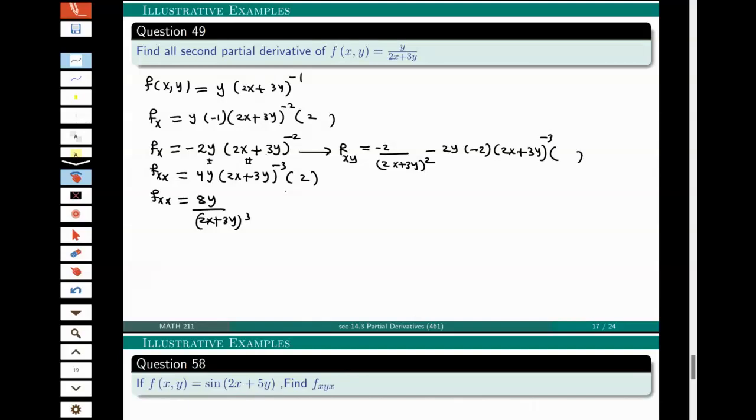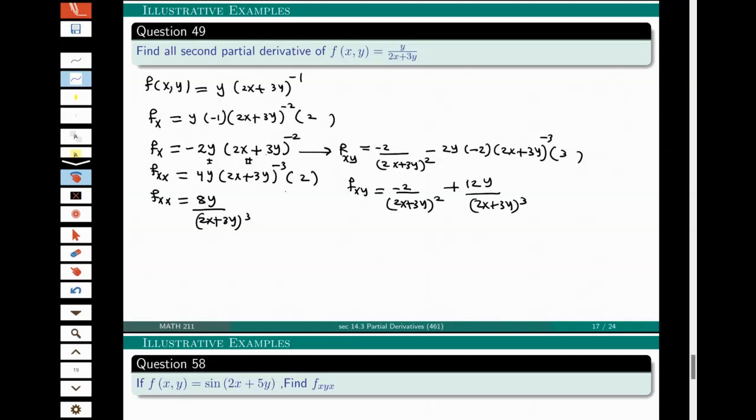The derivative of the inside with respect to y will be 3. So you will get f sub xy is equal to minus 2 over 2x plus 3y to the power 2. And here you will have minus times minus, which is plus. Here you have 4 times 3, which is 12y over 2x plus 3y to the power 3.